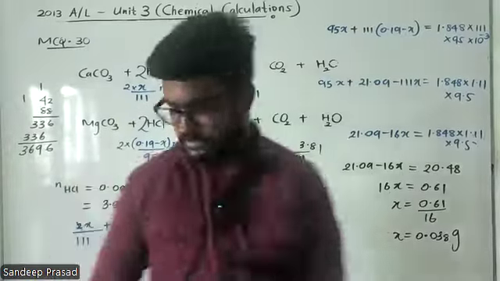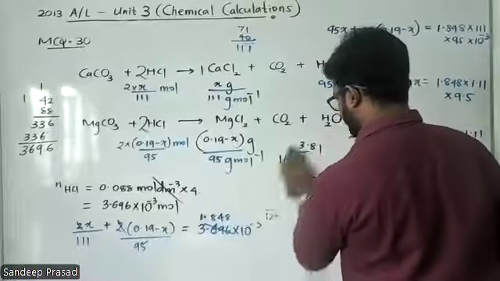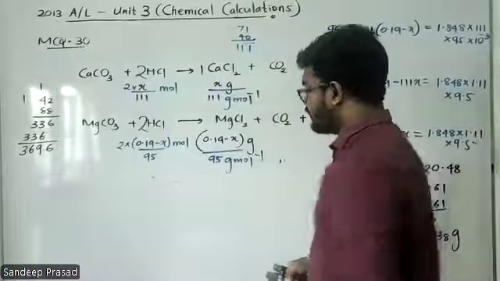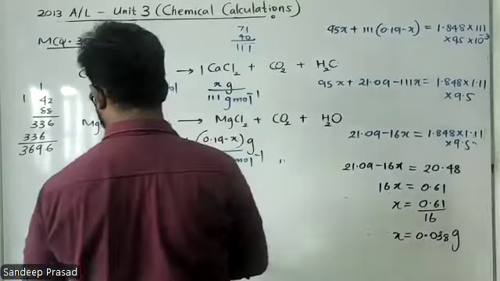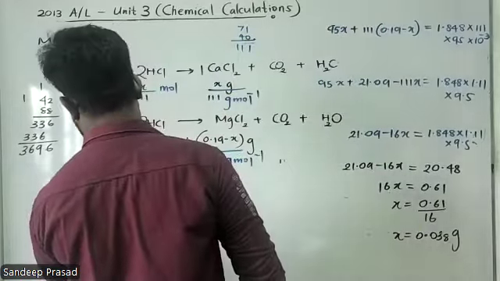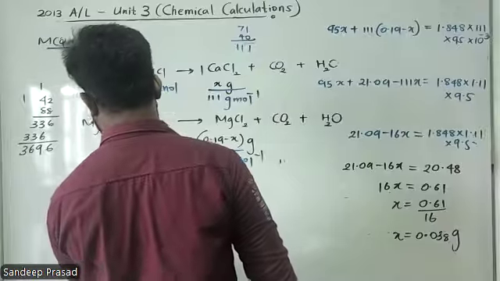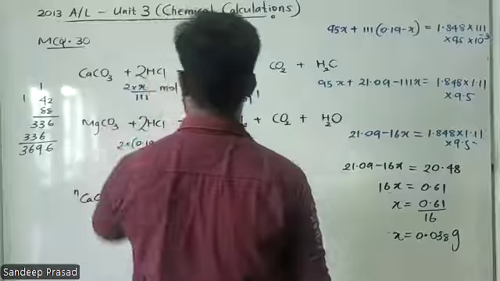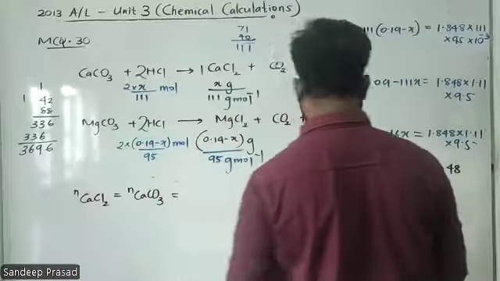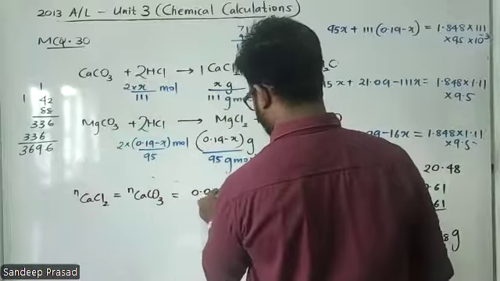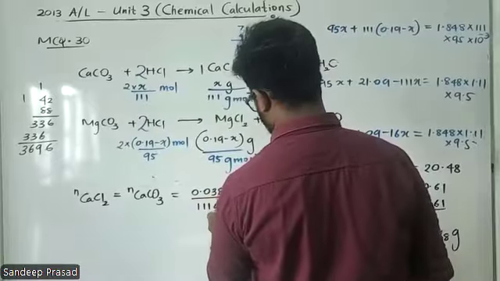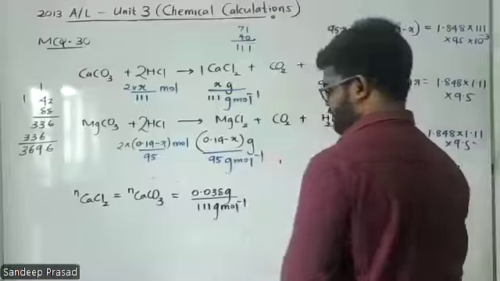Okay. Now, look at this one, students. Calcium chloride number of moles and calcium carbonate number of moles are the same, 1:1. Then calcium chloride number of moles is 0.038 grams divided by its molar mass 111 grams per mole. So these are the calcium carbonate moles.